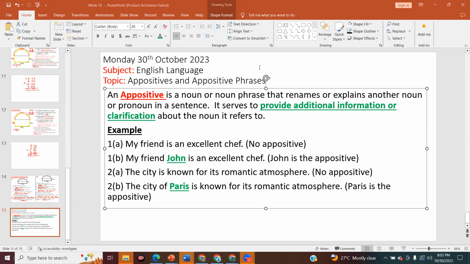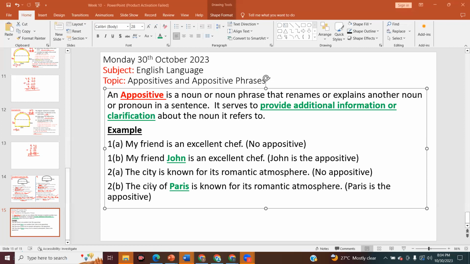So what do you think an appositive phrase is? A phrase that gives you information. Who said that? Zara. Okay.